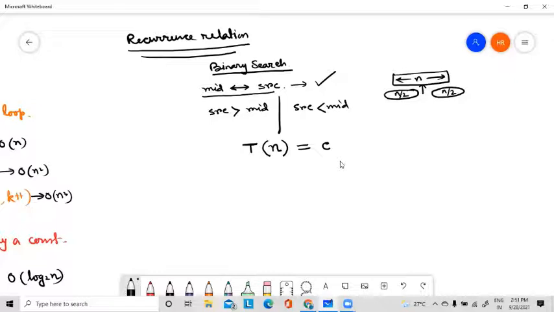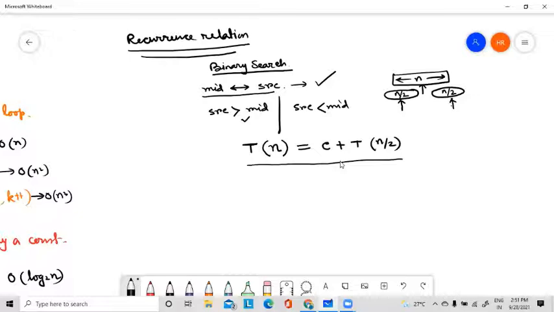Now among these two parts, if your search element is greater than mid, you will move into this part. If your search element is less than mid, you will move into this part. It means now how much time is required to search? Now you are searching in n by 2 elements, so I can add T(n/2). So this is the recurrence relation.